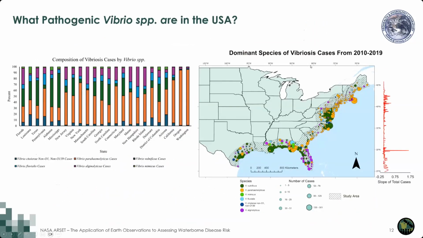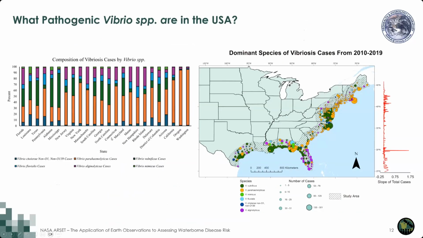The next slide shows the presence of these pathogenic Vibrios in the US. On the left-hand side, you'll see the states that have an active coastline, and the composition of the vibriosis cases by species. If you look at Florida, we have almost all kinds of species that infect the human population.